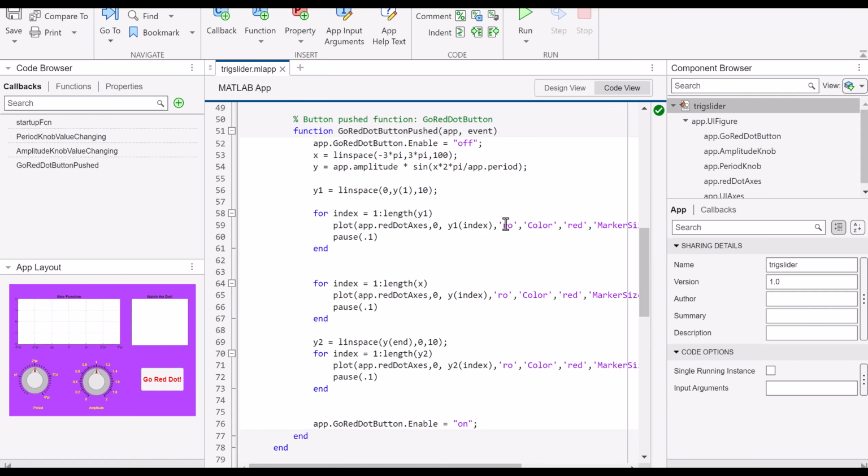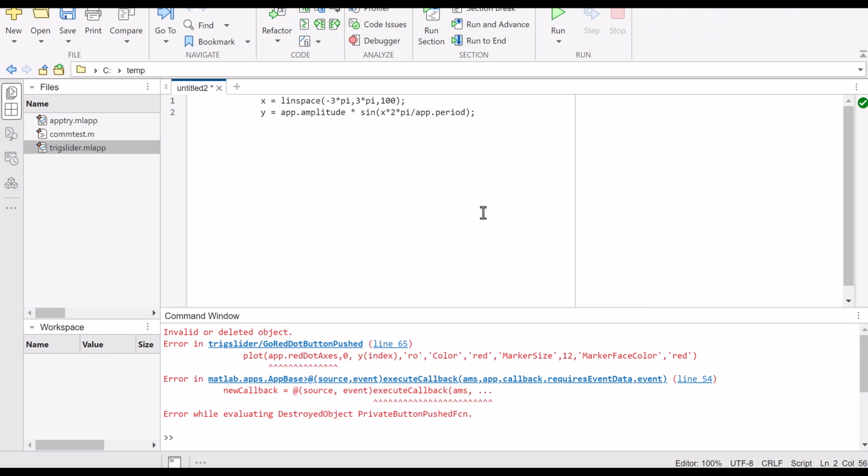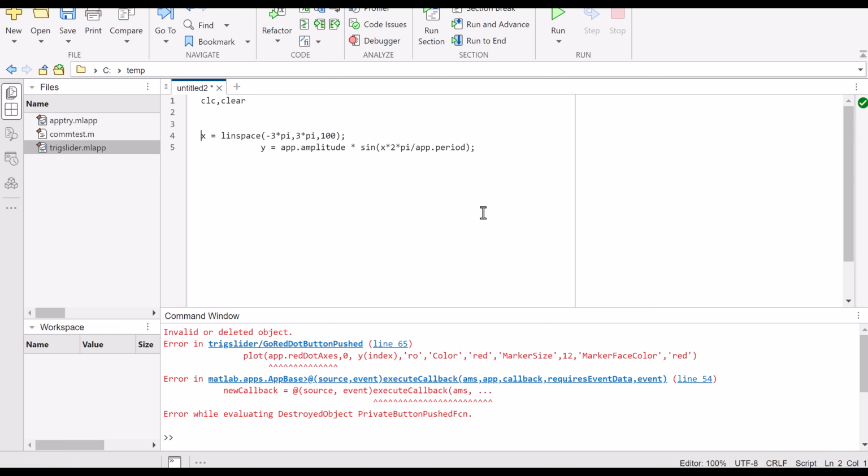Okay, so really when we're talking about this red dot, let's actually throw this over into MATLAB just to get an idea of what's happening. So if I have an amplitude, and this is important, my max is 2, and the period isn't as important.